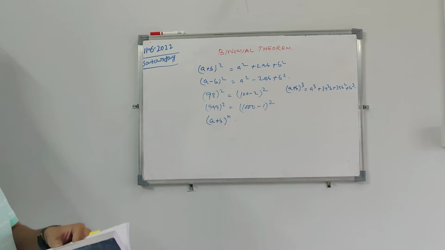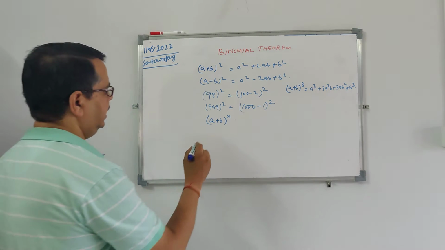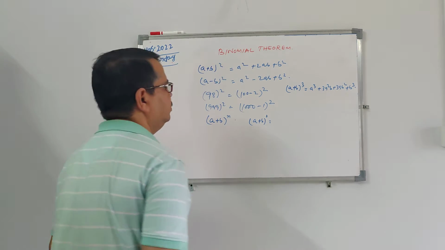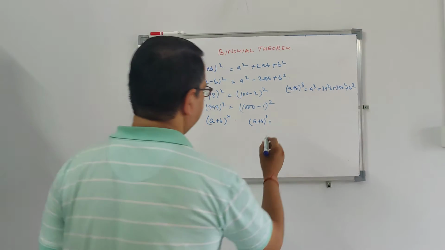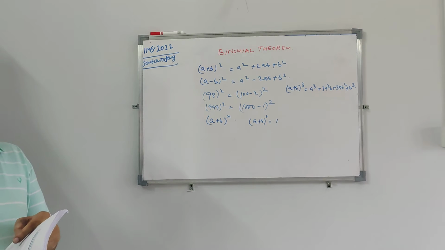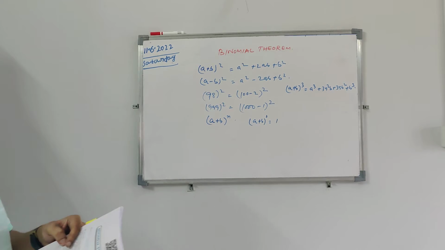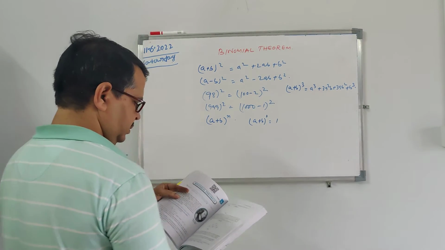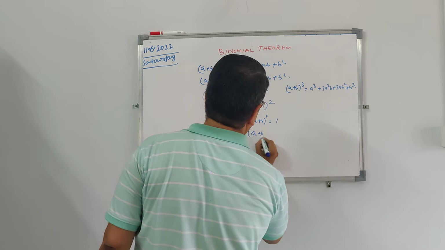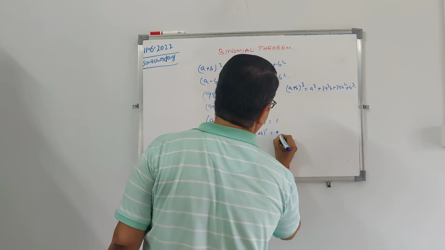So the coefficients. Let us say (a plus b) to the power 0. Anything to the power 0 is 1, it's a constant. Then (a plus b) to the power 1 is a plus b.